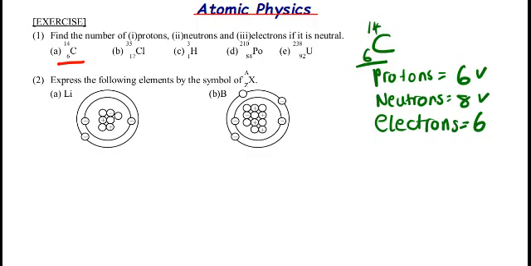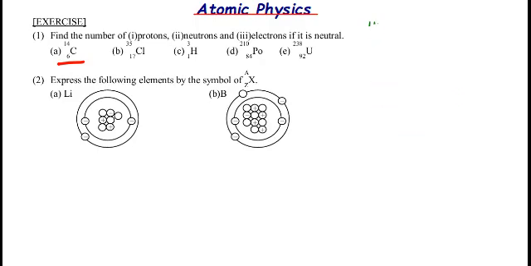Now you can pause the video and try part B, which is saying we have a chlorine there. By the way, you don't have to master these atoms or elements, because they will be given on the periodic table. So what you have to do here, you just say they have asked us to come up with the number of protons.